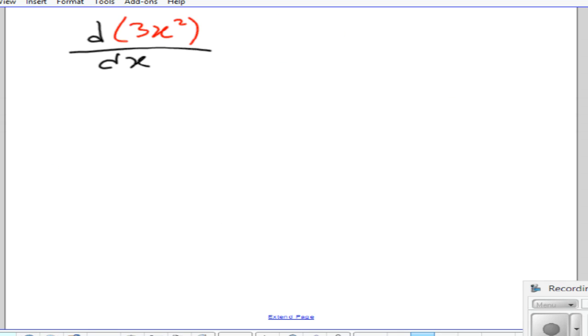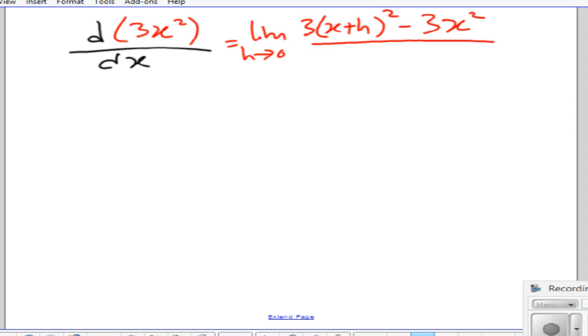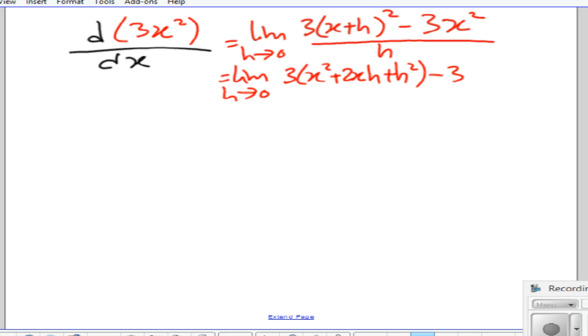Find the derivative of 3x squared using the first principle. So we're going to write the limit as h goes to 0 of 3 times (x plus h) squared, minus 3x squared, over h. Now we expand the bracket: x squared plus 2xh plus h squared, minus 3x squared, over h.